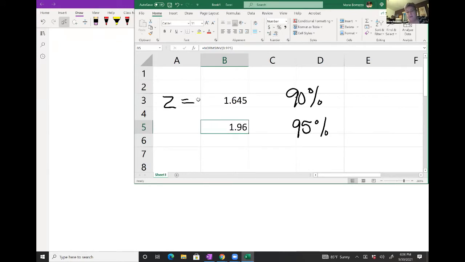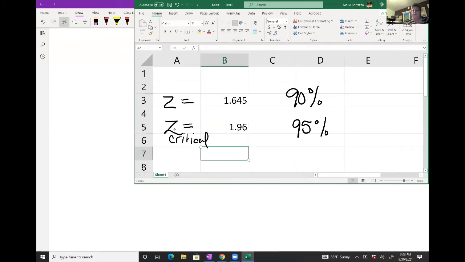So once you know that, that will always be the value that you're going to use as your critical Z. So remember, this is Z critical. What we mean by Z critical is that it is the cutoff of our confidence interval.